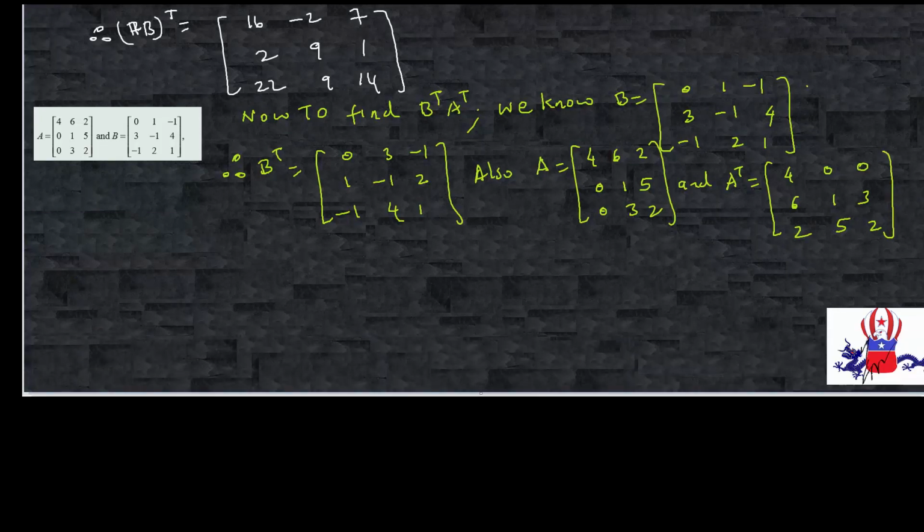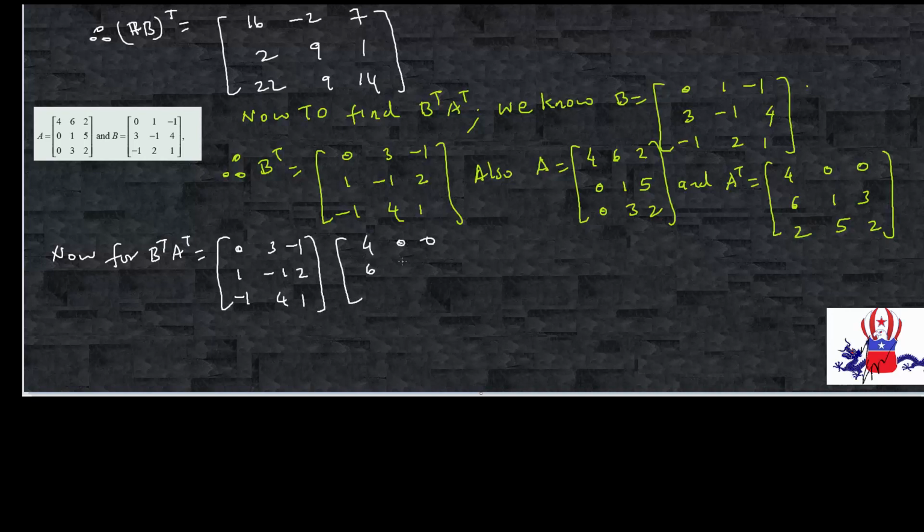So we need to obtain B transpose times A transpose, which can be obtained as follows. Let's rewrite the matrix for B transpose and then follow it up with the matrix for A transpose. Now we would perform the product of these two matrices.